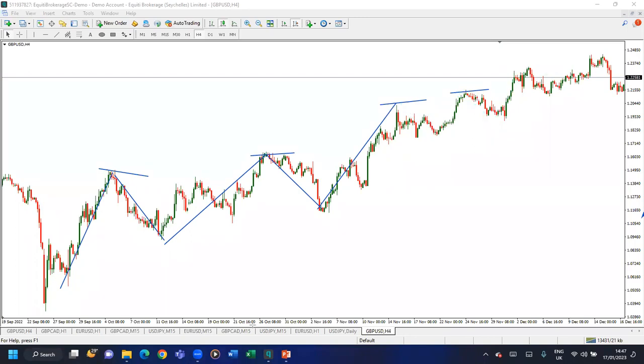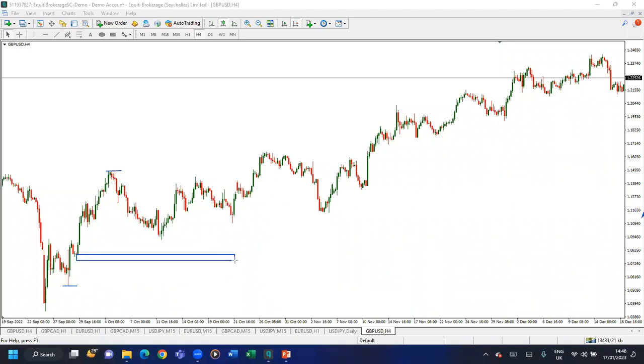Now, looking at the entry from this low to this high. Look at where we have the order block. I see that price did not get to the order block.